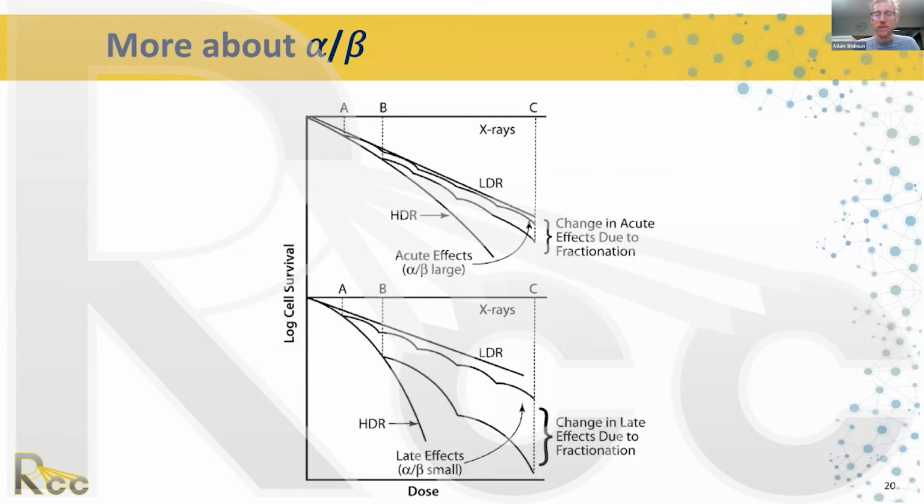So I don't want to just say that all of one type of tissue behaves one way and all of another type behaves another way, but you can definitely find in literature what the alpha beta ratios are for probably every, if not most, tissues in the human body.